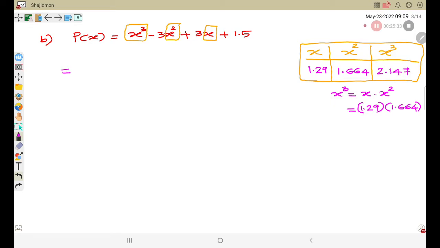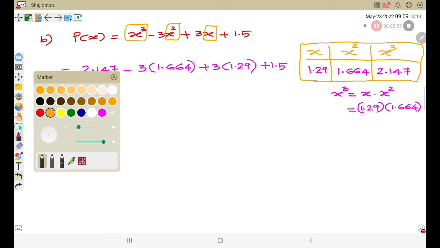So first x power 3, 2.147, minus 3 multiply x power 2 number 1.664, plus 3 multiply x number 1.29, plus 1.5 same.